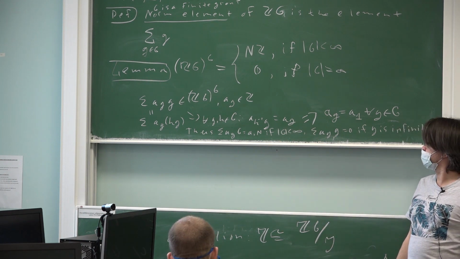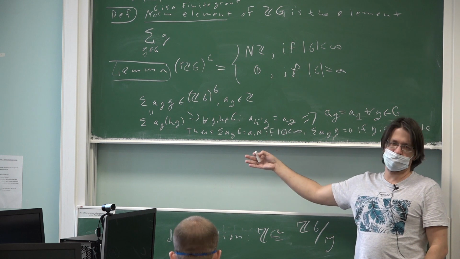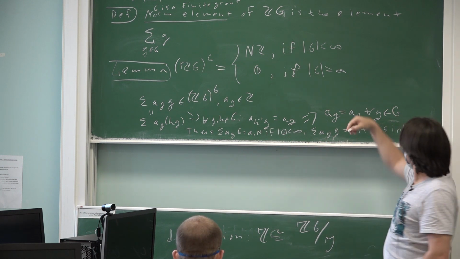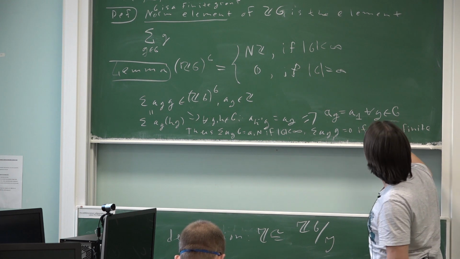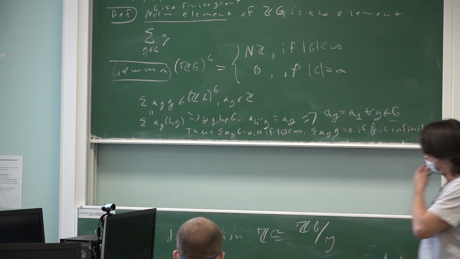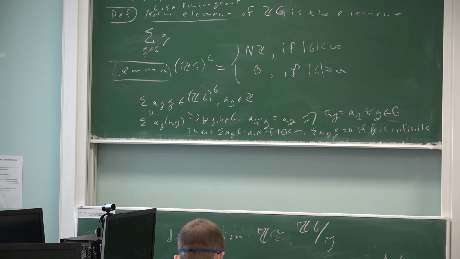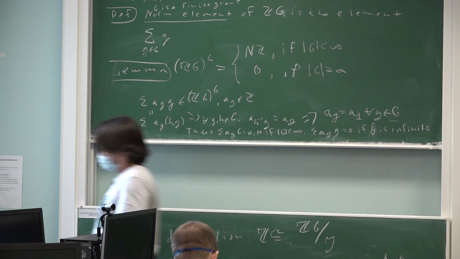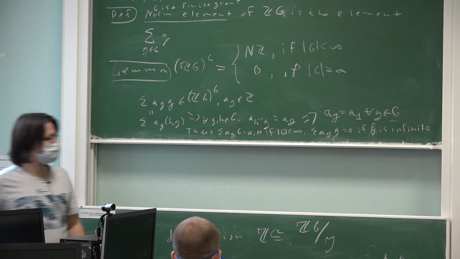So if one of them is non-zero, then all of them are non-zero. But if G is infinite, this means that there are infinitely many non-zero coefficients, which is not possible.